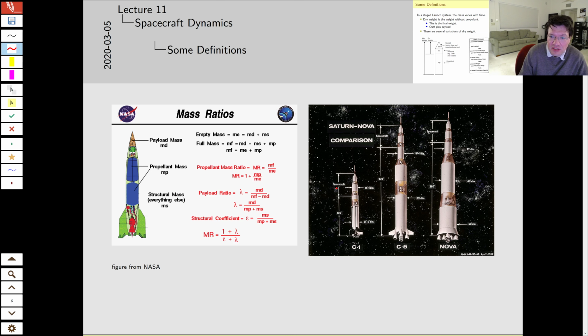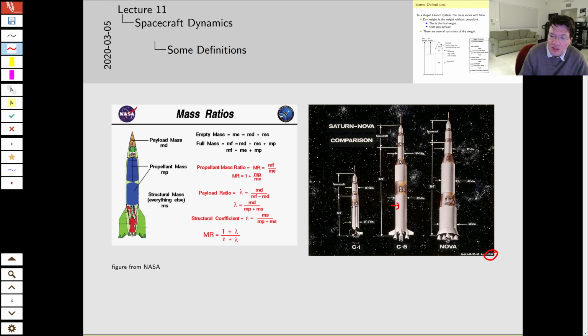Just to give some examples here, these are staged rockets. There's a very old picture, 1962, which illustrates how these rockets work. Basically, you have rockets on top of rockets. So this is a 1, 2, 3, 4, 5 stage rocket.